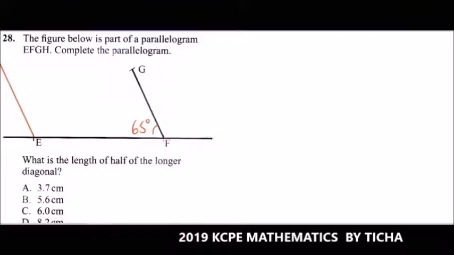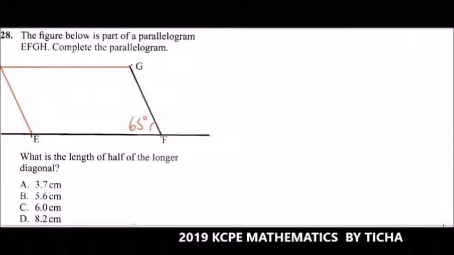This is the line that I have drawn, implying that this is angle 65, which is the same as this one. This line is parallel to that, and then you measure the length of FG, and you measure the same length here. After joining the lines, you come up with this line parallel to this, and that line parallel to that.